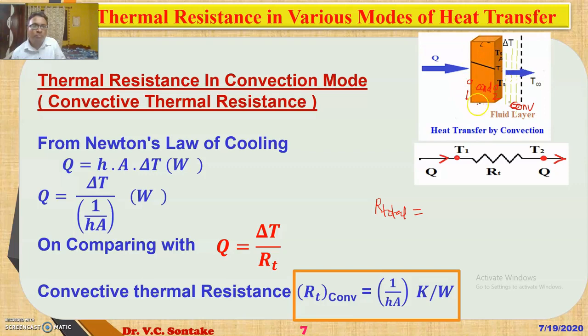So the material of this body will offer resistance to the path of the heat flow, and it is called conductive resistance and given by L over kA. Similarly, when heat transfer takes place from this face 2 to the fluid surface, it will be by convection, and this fluid will offer resistance to the path of the heat transfer. It is called convective resistance given by 1 upon hA Kelvin per watt.